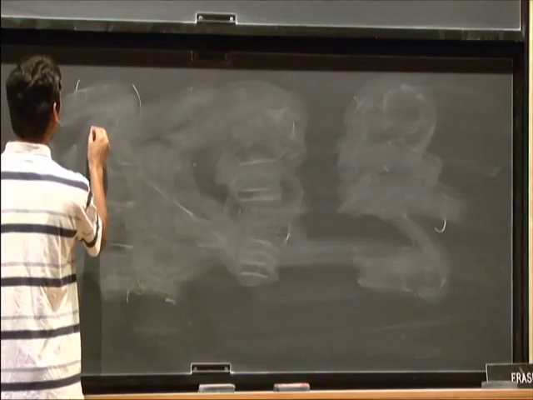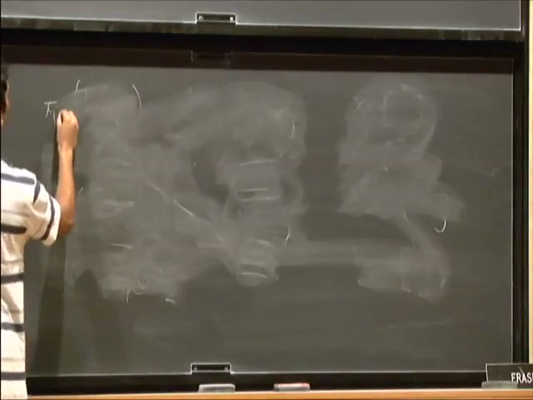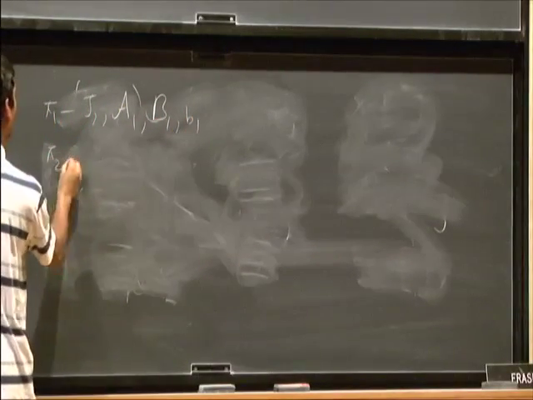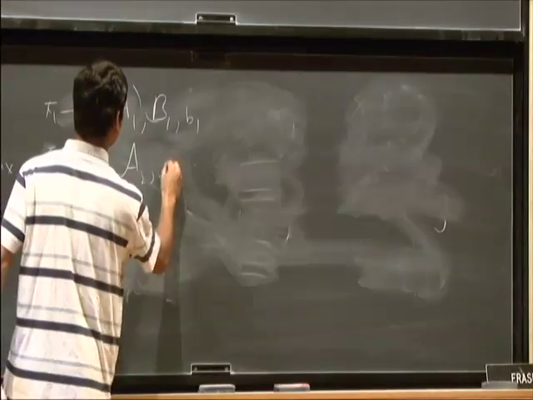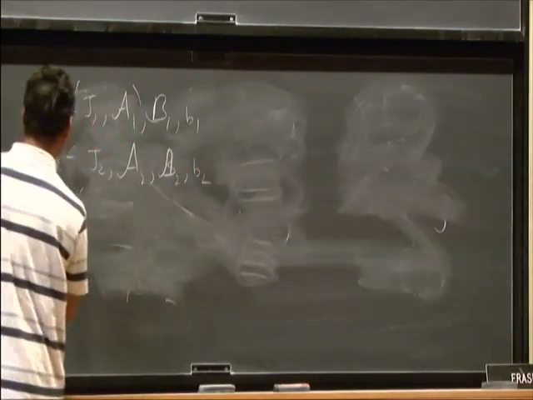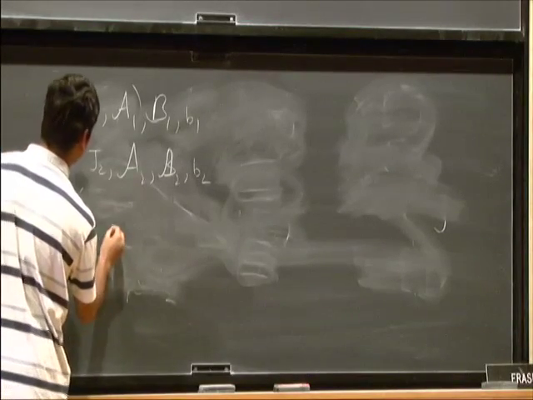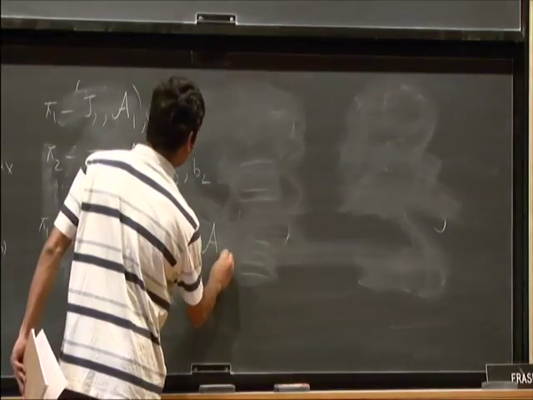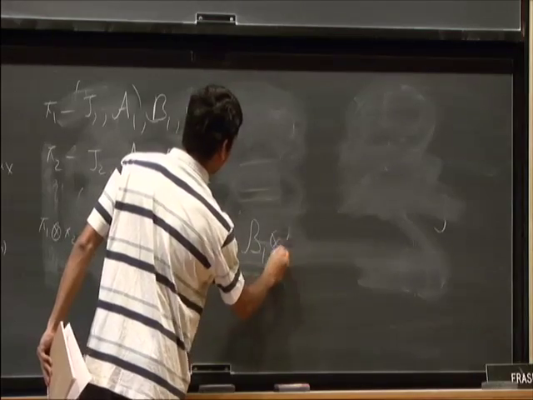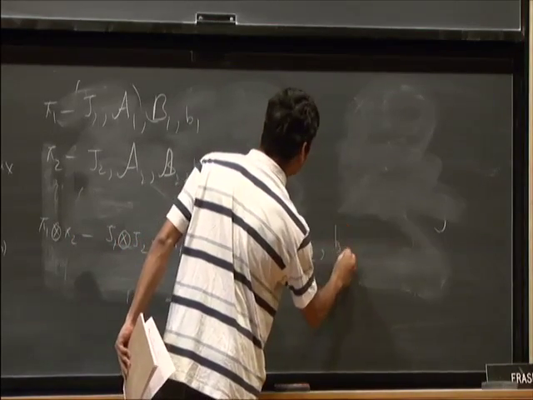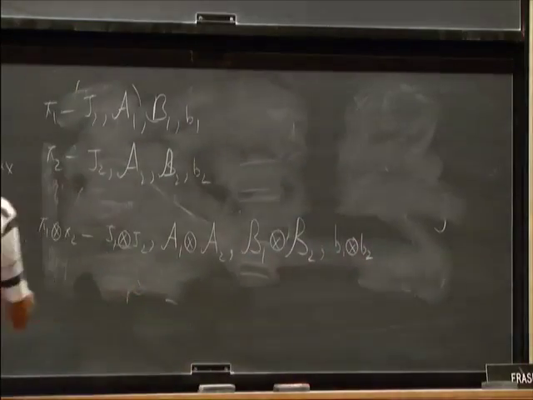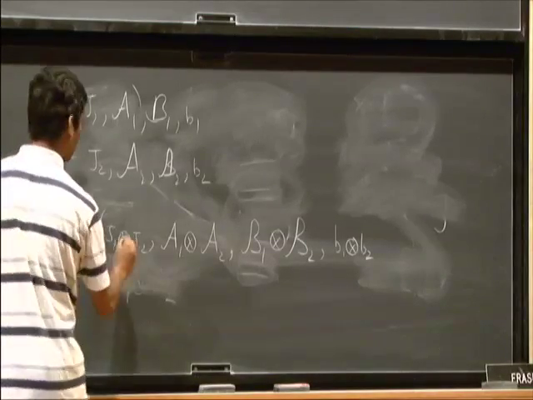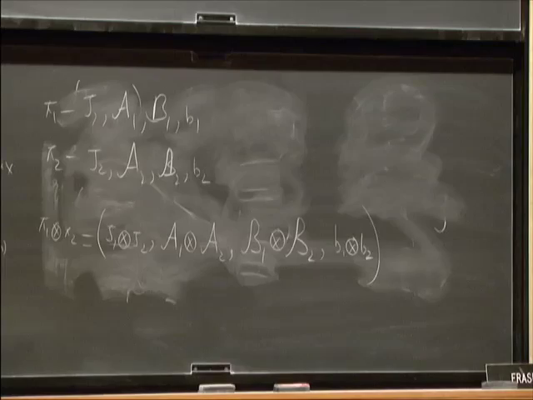So now we can say that pi 1 is characterized by B1 and pi 2 by B2. Here B is also a list of constraints, and this is the product of these two semi-definite instances.